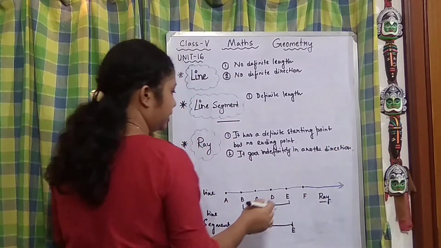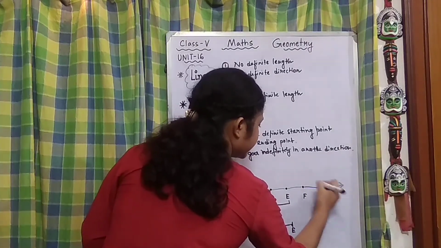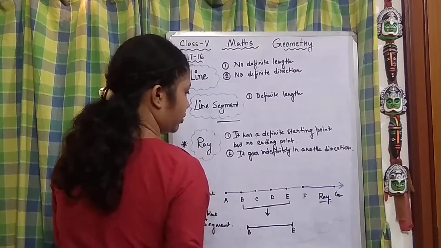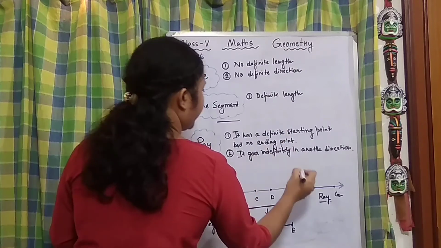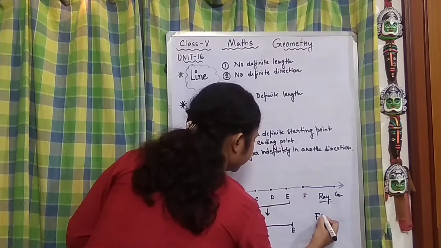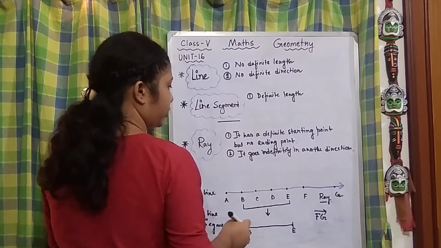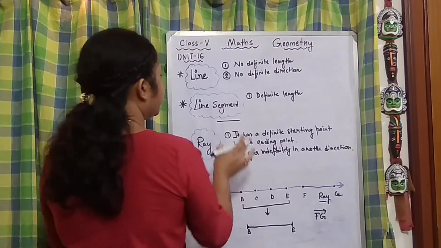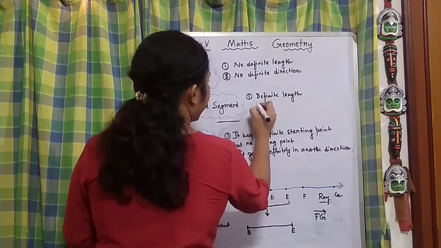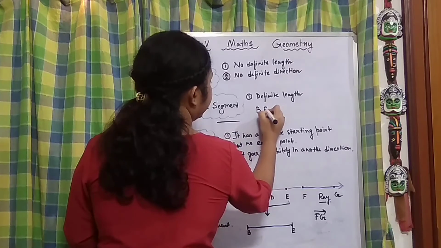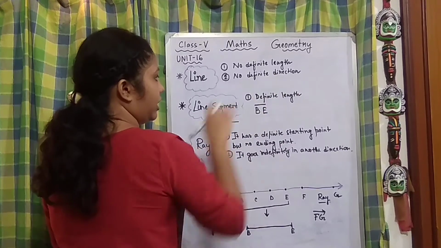Okay, so here there is a point G. How we are going to denote a ray is by F, G, and there is an arrow on the top. Similarly, we denote a line segment like this: B and E, and there is a bar on the top of it.